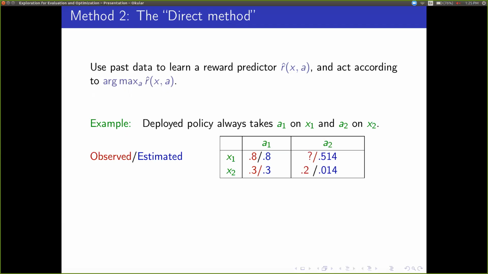These are actual numbers that you get when you retrain with a particular representation. But the point is that things stabilize. You're now always going to play A1, and the truth might look like this. The truth might be 1 if you played A2 on X1.